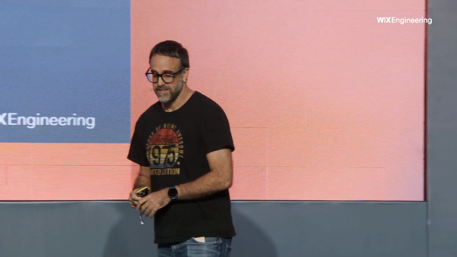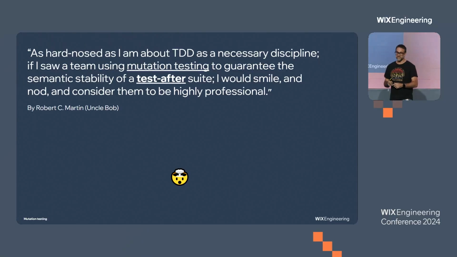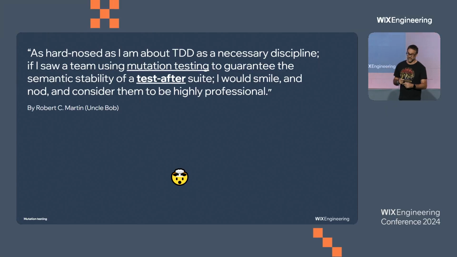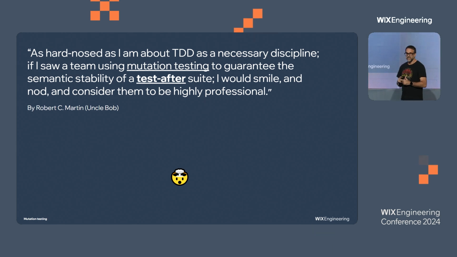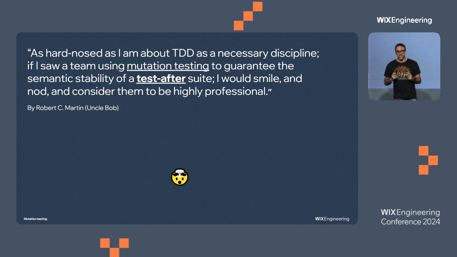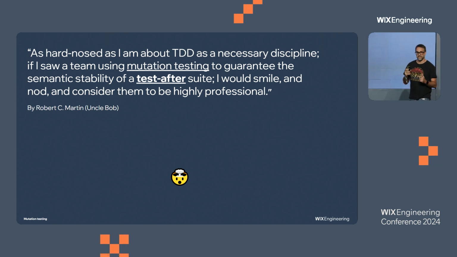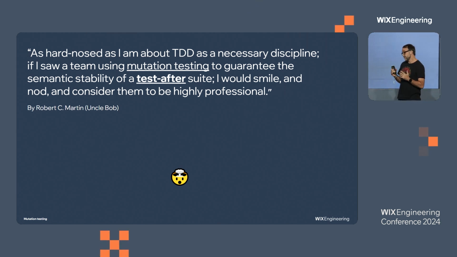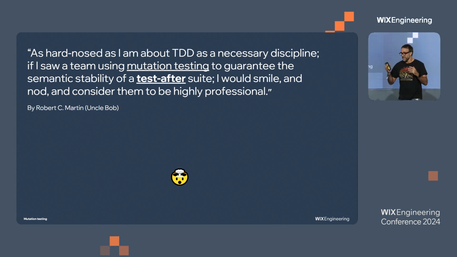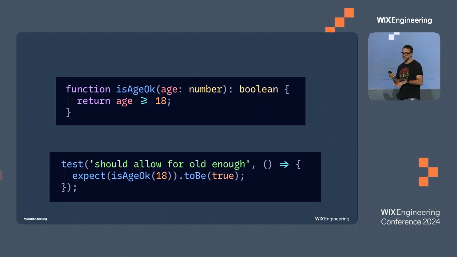But in an article from a few years ago, in the conclusion, he says: as hard-nosed as I am about TDD as a necessary discipline, if I saw a team using mutation testing to guarantee the semantic stability of a test suite, I would smile and nod and consider them to be highly professional. That is, Uncle Bob recognizes that mutation testing is such a good tool that it is even safe to write a test after the code.